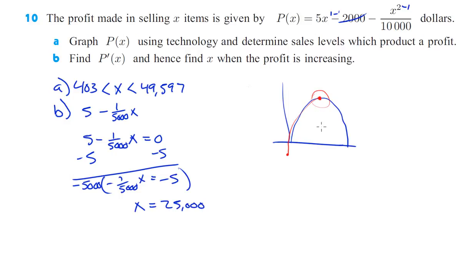Okay, so that means that the x value right here at the top is 25,000. We don't necessarily care about the y right now, but it says find x when the profit is increasing. So our answer for that is x has got to be less than 25,000. That's when our profit is increasing.